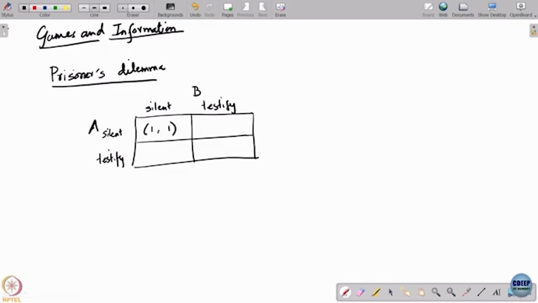Okay. So, the way I have written this is 1, 1, which means the first term here is the number of years in jail for A, who is on the rows here, and the second term here is the number of years in jail for B, who is on the columns. Okay. So, if they both stay silent, then they each get 1 year in jail.